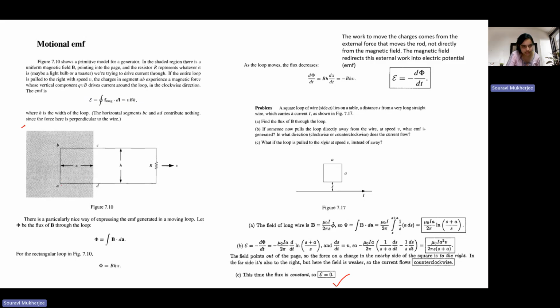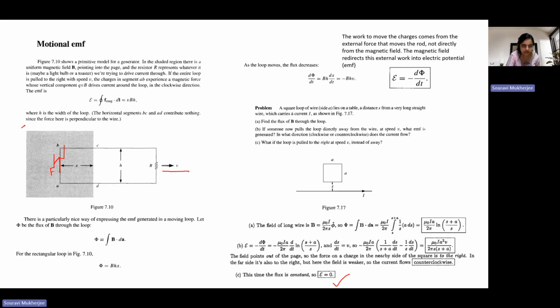Here it was the loop that was being moved, and that was resulting in a net magnetic flux change. What we saw is that in whatever direction we are moving, the net force that gets generated is in a direction perpendicular to the magnetic field and to the direction of motion. So when we were moving in this direction, the force was in this direction.